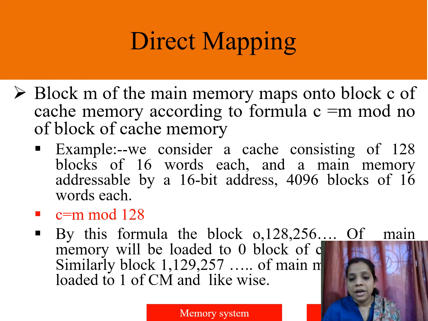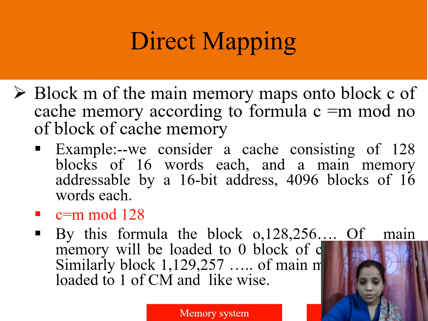Obviously, if the cache memory contains 16 words each, the main memory also contains 16 words in each block. So by this formula, I will apply C equals M mod 128.